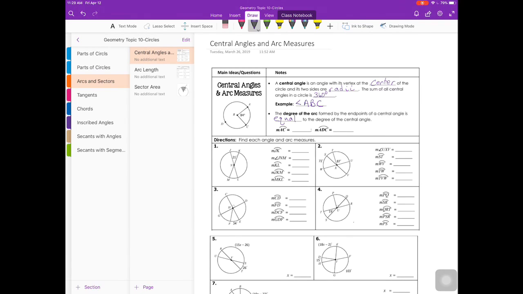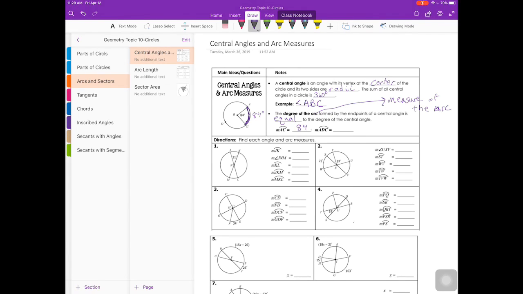So when we're talking about the degree of the arc, this is the measure of the arc, not the length, but the measure. It's going to be equal to the degree of that central angle. So this arc here, AC, has the measure of 84 degrees.